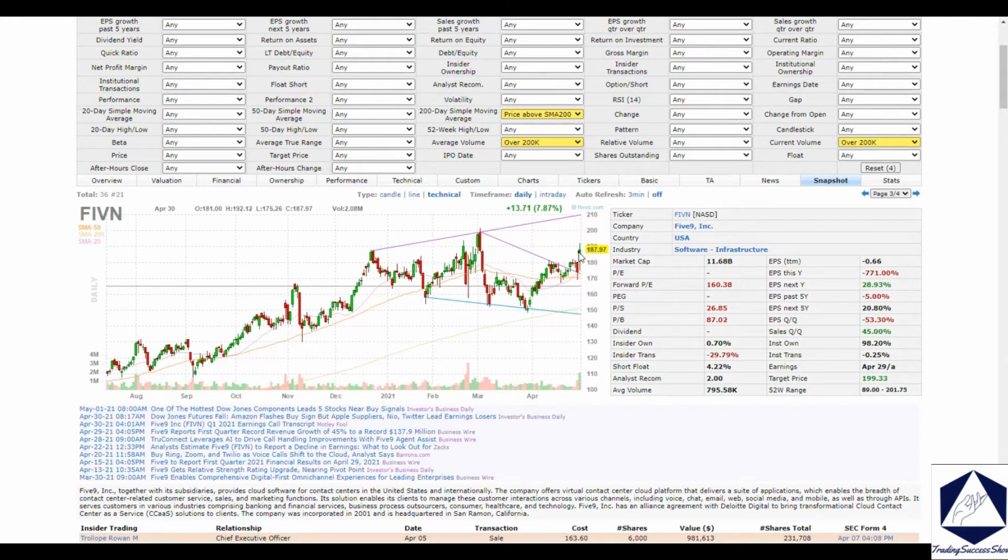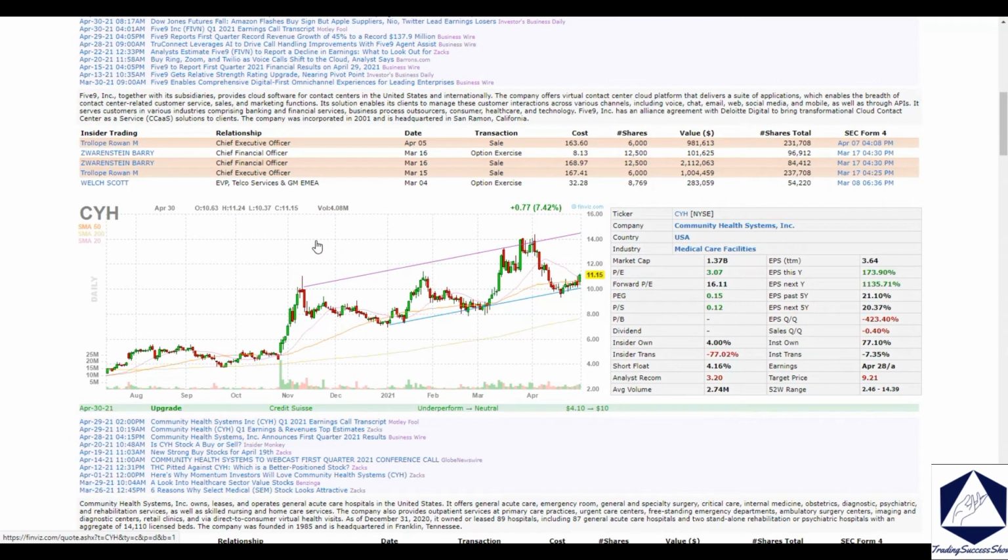Let's see if we can break and hold above the 190 spot on FIVN. Next, CYH. The good thing about this one is we are holding the trend. We need to continue to hold this trend, and then we should push higher.